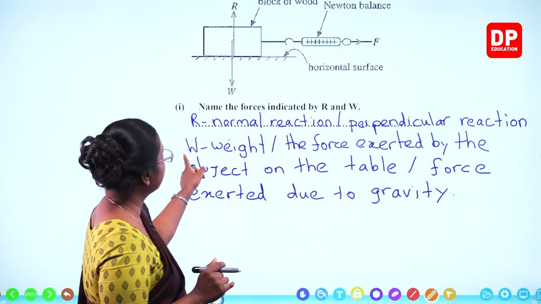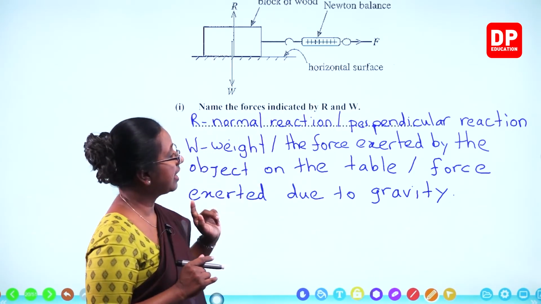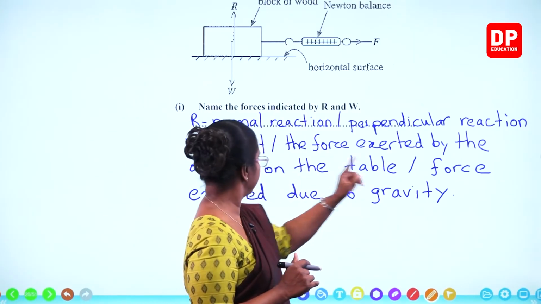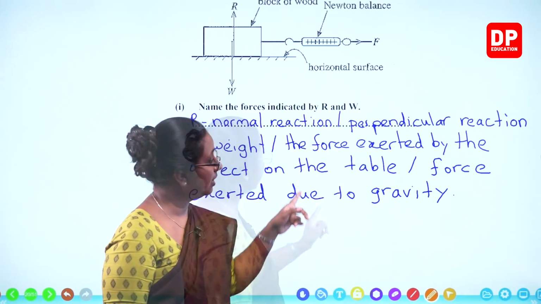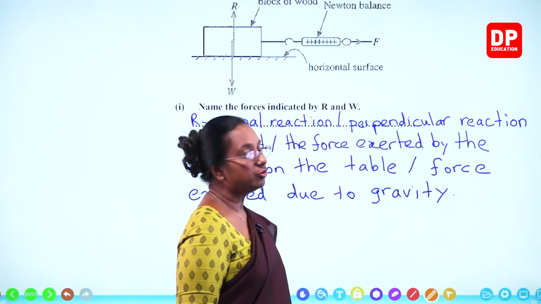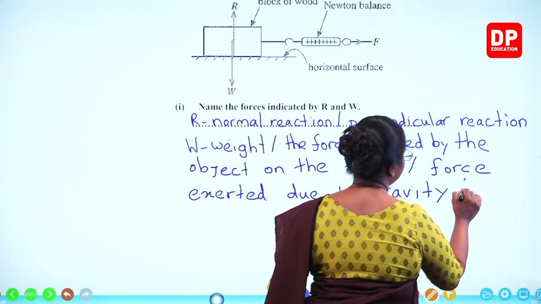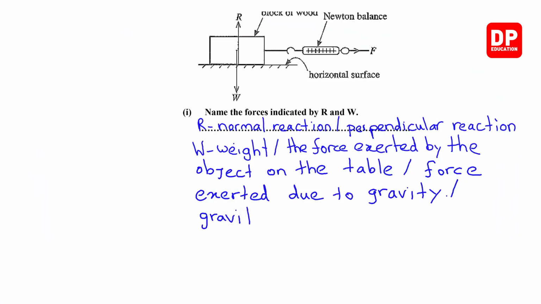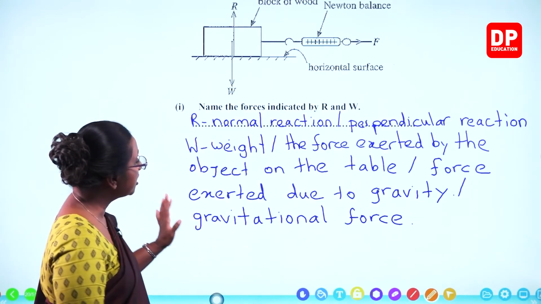Normally we are used to writing it as weight and normal reaction or perpendicular reaction. But you can also say the force exerted by the object on the table, or force exerted due to gravity, or else you can even say gravitational force. So here you can write any one of the answers.